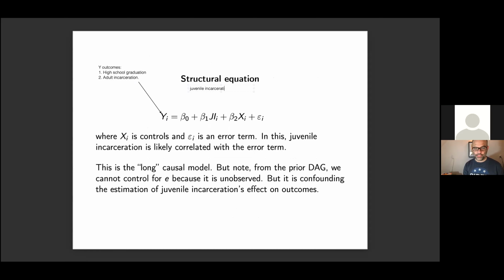Juvenile incarceration, JI, is here. Then court and defendant characteristics. All right, so that's the model.